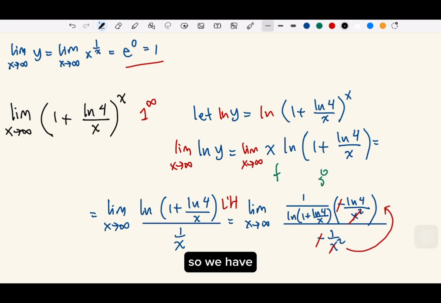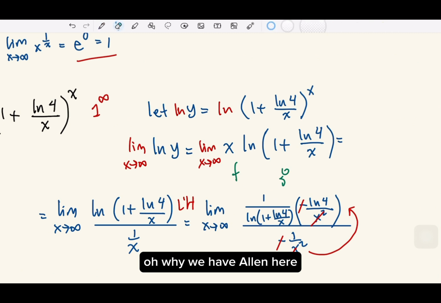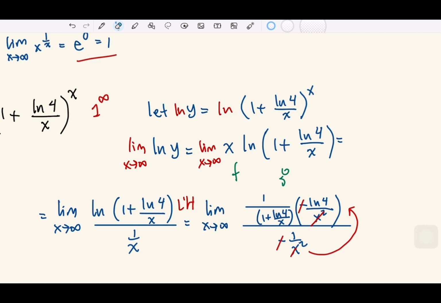So we have, oh, why do we have ln here? Okay, the ln becomes 1 over. Correct, right? Yeah, I think okay.